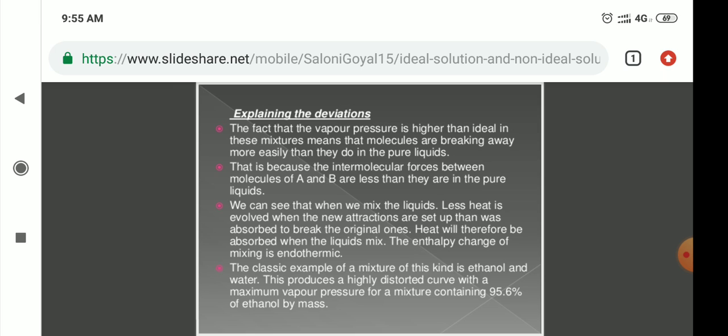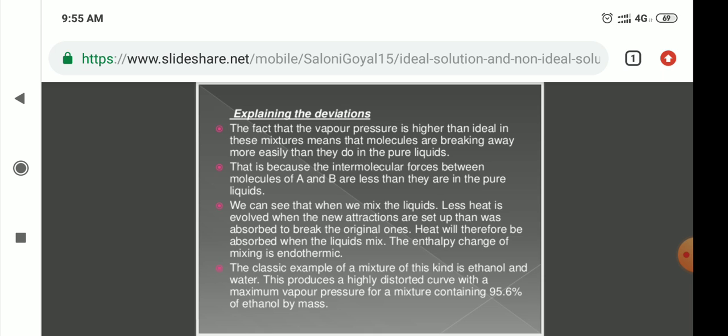That is because the intermolecular forces between molecules of A and B are less than they are in the pure liquids. We can see that when we mix the liquids, less heat is evolved when the new attractions are set up than was absorbed to break the original ones. Heat will therefore be absorbed when the liquids mix, and the enthalpy change of mixing is positive.